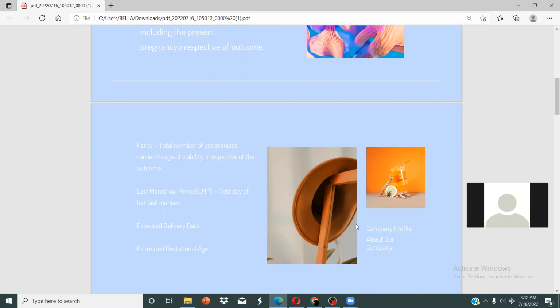So let's say she has had 3 miscarriages. One, she lost at 8 weeks. The second one, she lost at 29 weeks, and the third one at 20 weeks. Now that she's pregnant, she'll be gravida 4 para 1, para 0 plus 1.